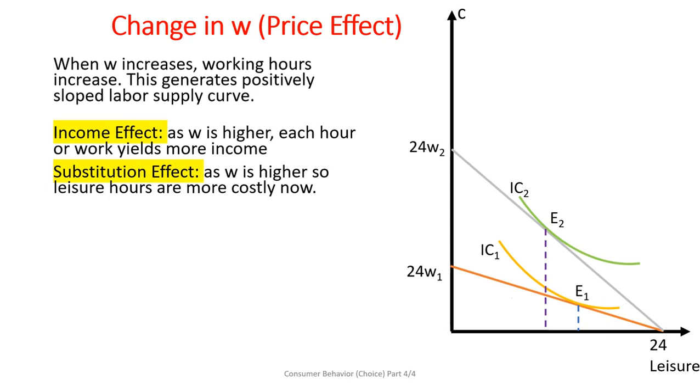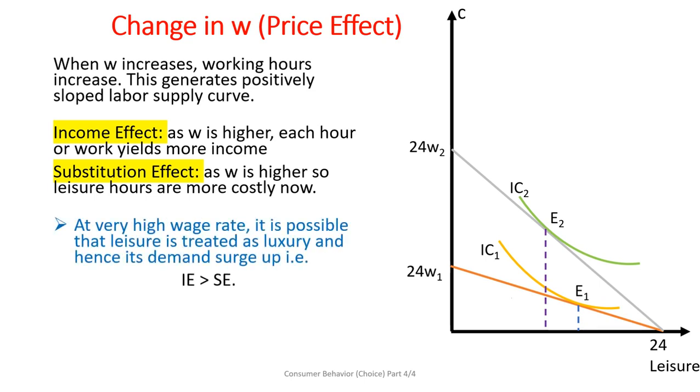However, there might be a different case if there is too much increase in wage rate. That is, let's assume that now wages increased too much as represented by W prime. Since the wage rate is too high now, it is possible for a person to work fewer hours and still earn a very high income.